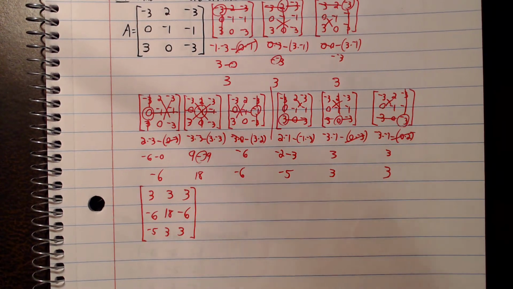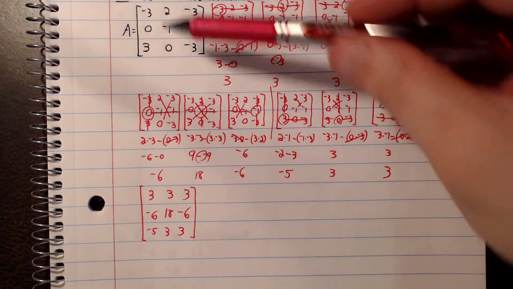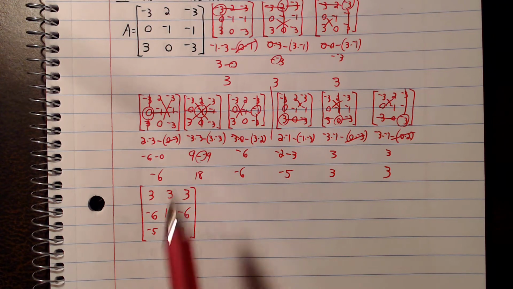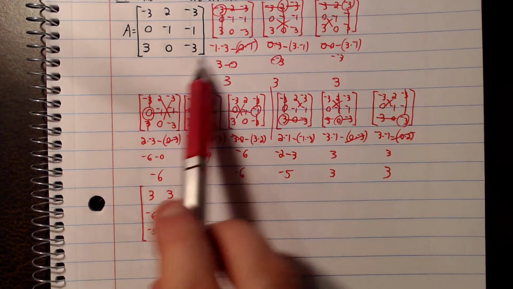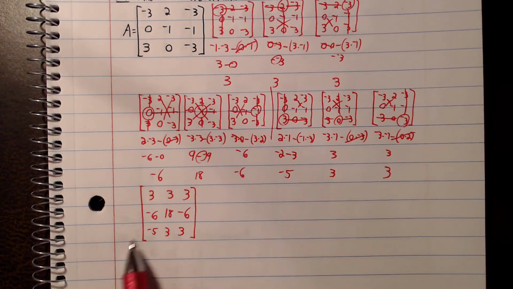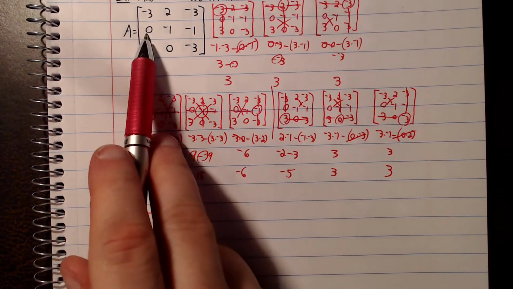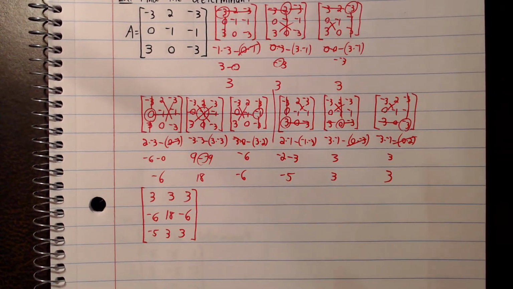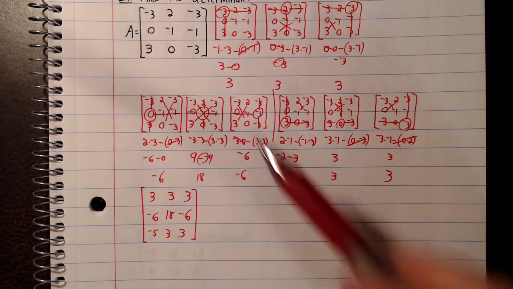Okay. It doesn't matter if you do the top row, if you do the middle column, whatever. I'm noticing that I have some zeros here, so I'm probably going to be using the bottom row. Okay, or I notice I have a 0 here and I have -1s here, so I could just change the signs. Right, so those are things that I can think about when I do these.